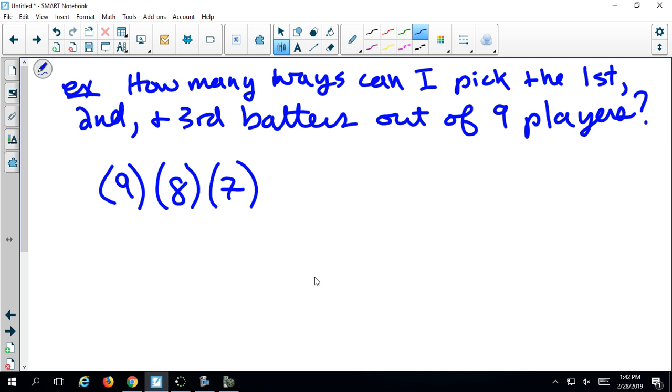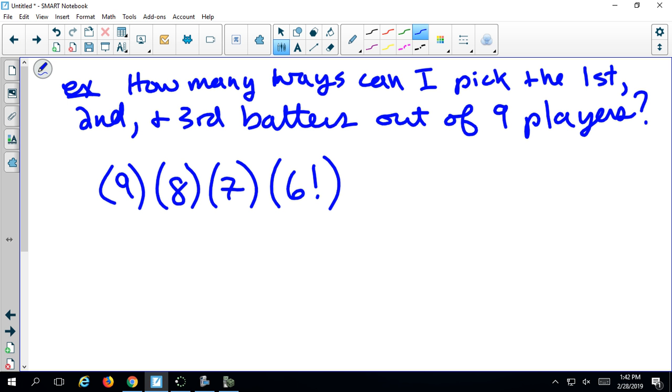If I were to write 9 factorial, what's the rest of this? If I kept going, what would be the rest? 6 times 5 times 4 times 3 times 2 times 1, which is 6 factorial, right? Do you agree with that?